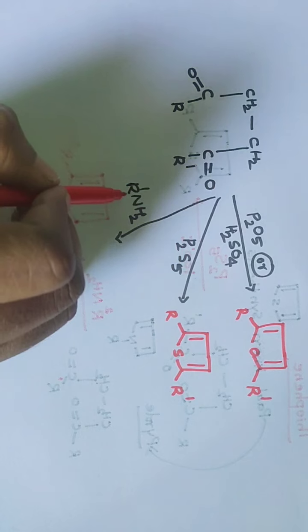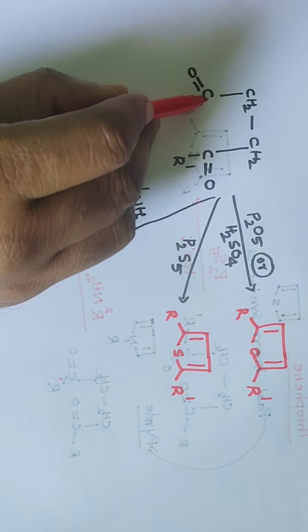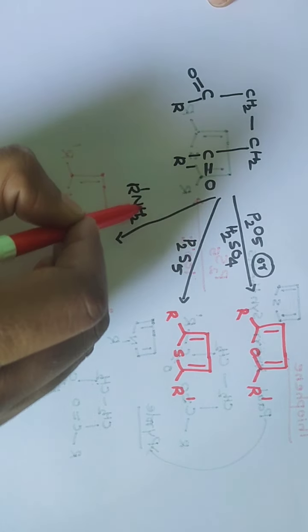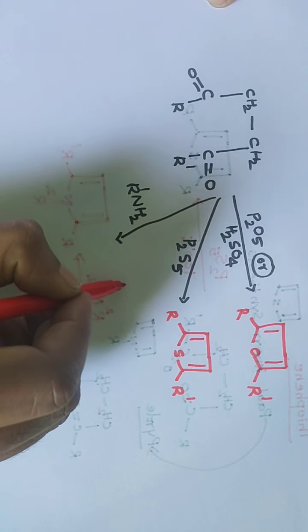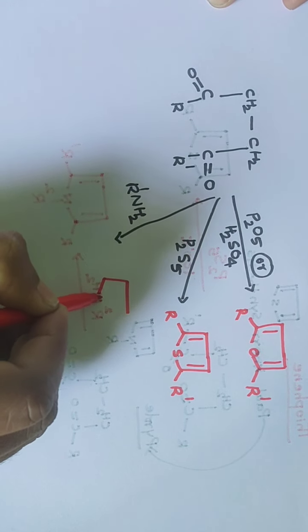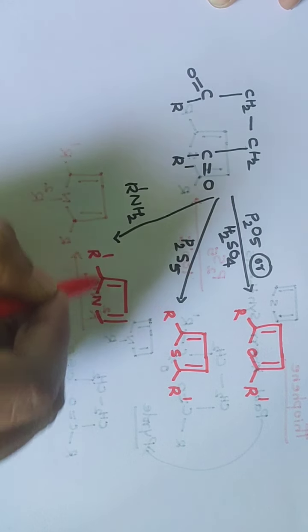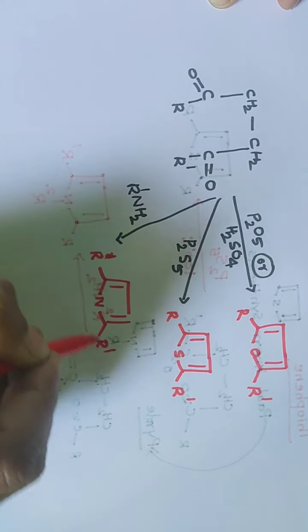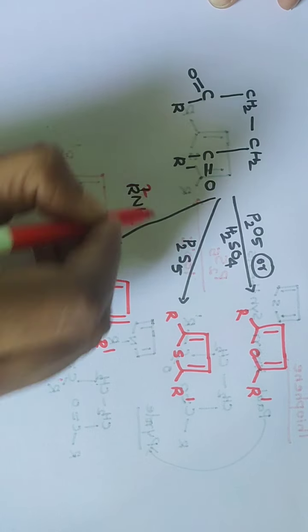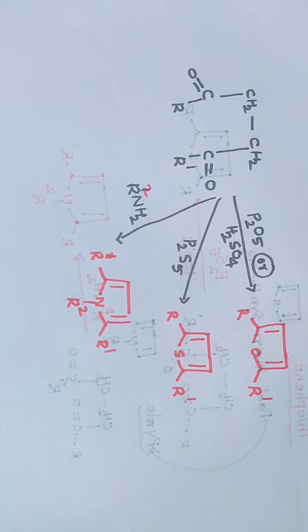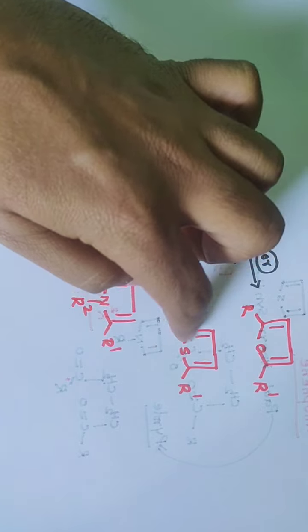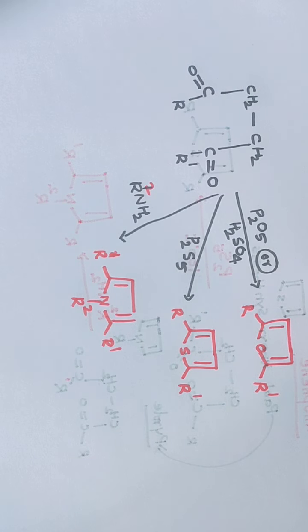If we add an amine, nitrogen will attack this carbon, and the same nitrogen will attack this carbon, and the loss of water molecules takes place, resulting in the formation of a pyrrole compound, with R dash, which we can take as R2. So furan, thiophene as well as pyrrole can be synthesized from 1,4-diketones.